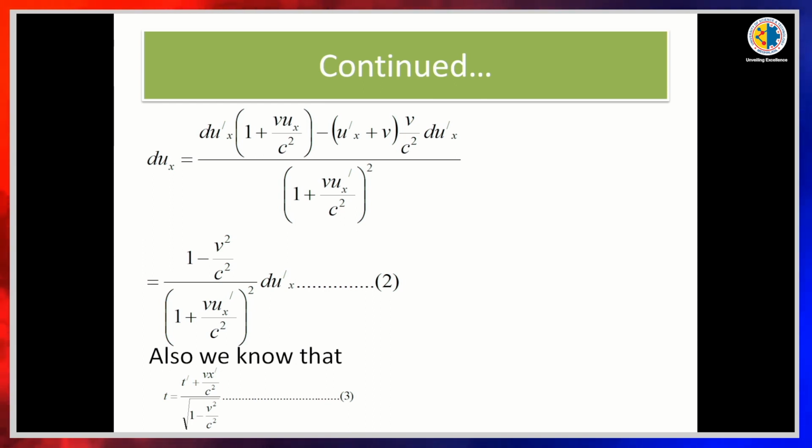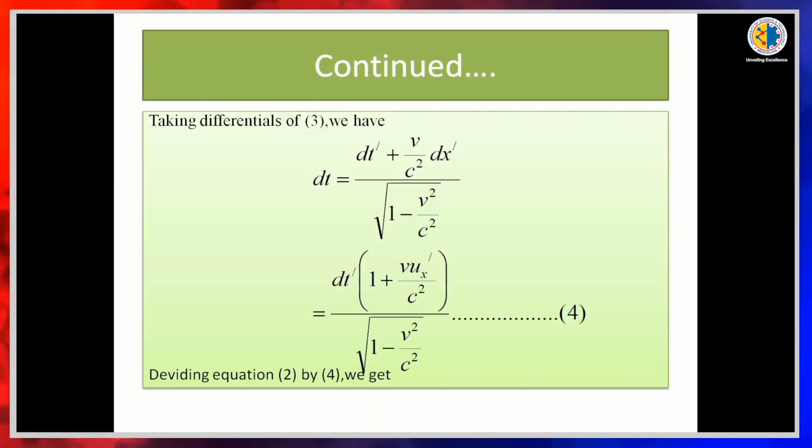So, from the reverse equations, that is x in terms of x' and t in terms of t', we get equation number 3.